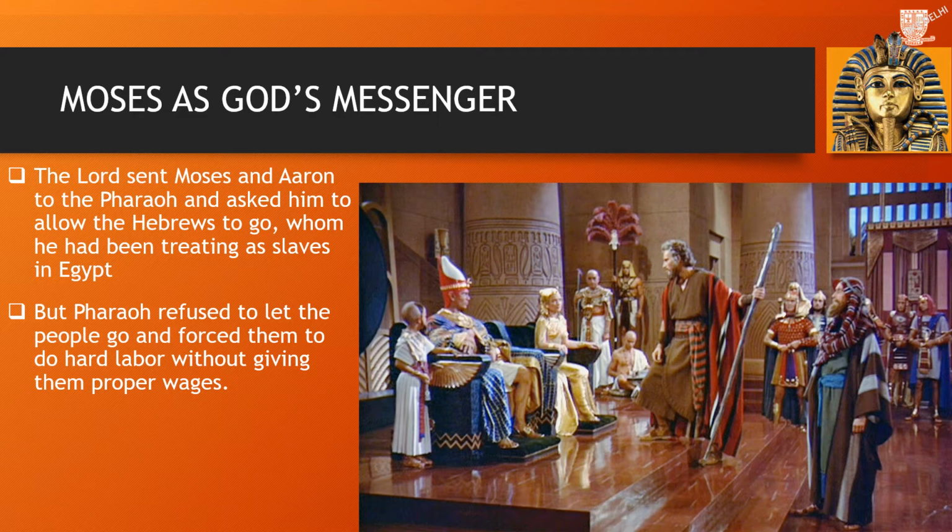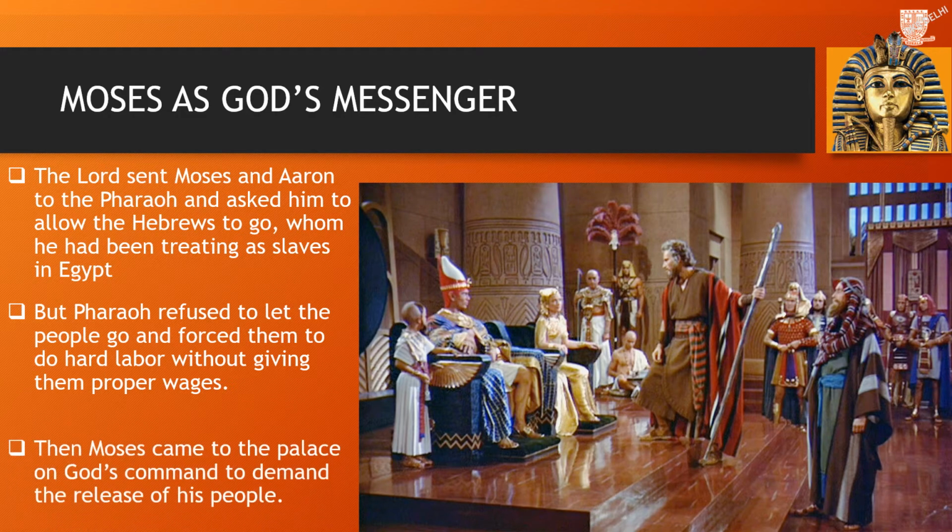Then Moses came to the palace on God's command to demand the release of his people. So finally, Moses came to the Pharaoh's palace, and instead of requesting, now demanded that the Israelites should be released. They should be allowed to go.